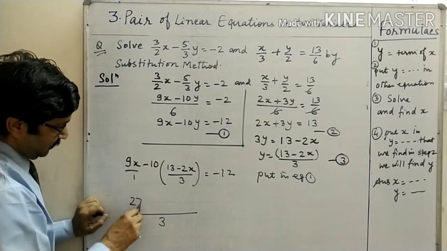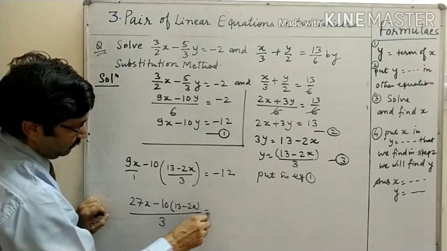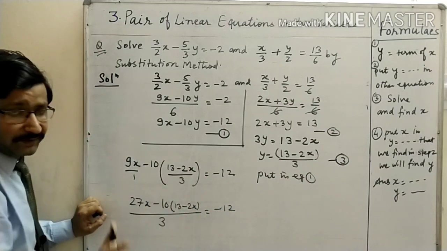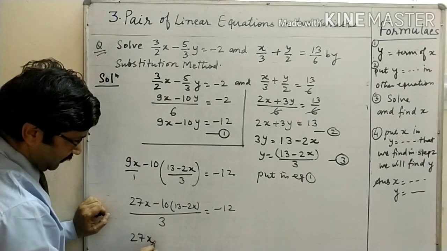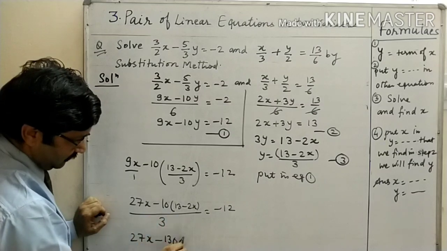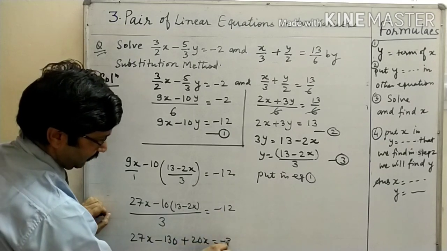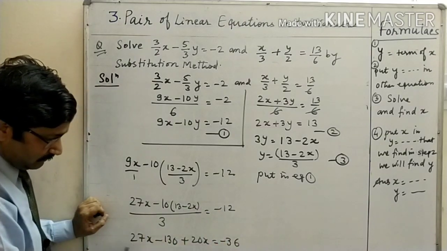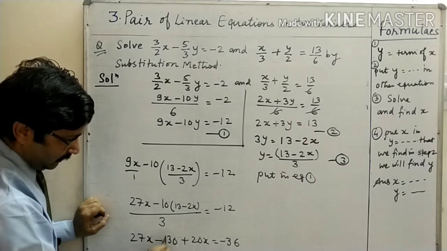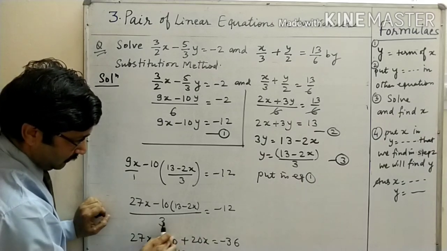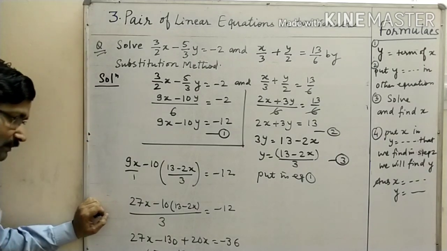So 9 times 3 is 27x minus 10 times (13 minus 2x) equal to minus 12 times 3. Multiplying out and opening the bracket: 27x minus 130 plus 20x equal to minus 36. 27x and 20x are like terms; adding them, you get 47x equal to 130 minus 36, which is 94.